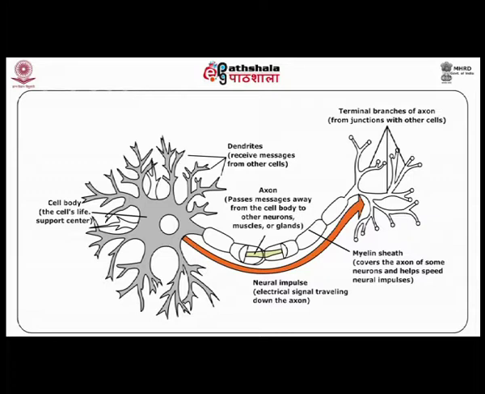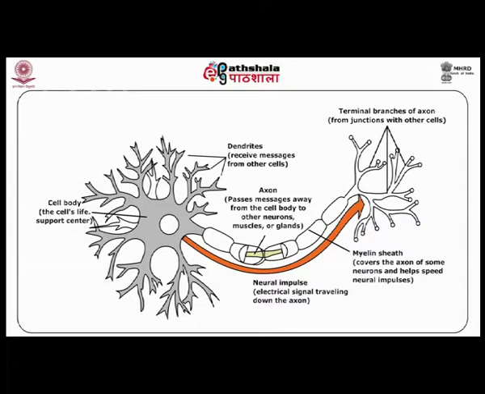The axon carries nerve signals away from the cell body towards the nerve endings or the terminal arborizations, also called terminal buttons. The part of the axon where it emerges from the soma is called the axon hillock.